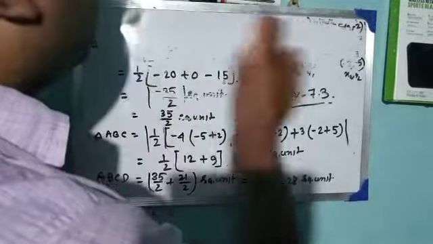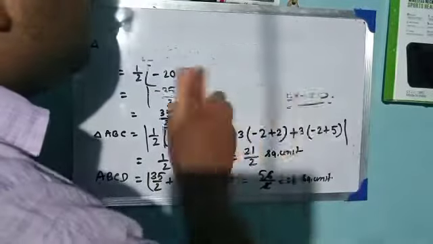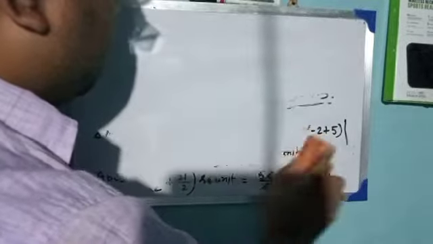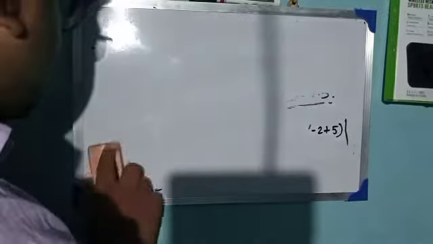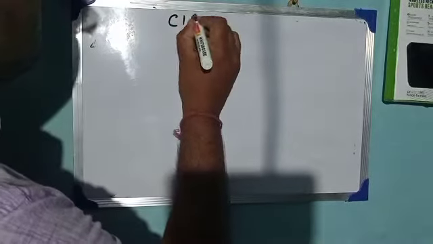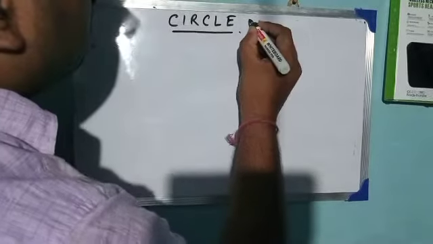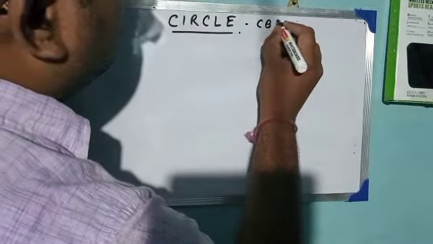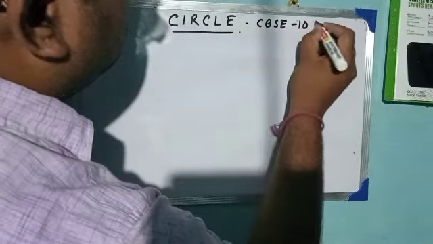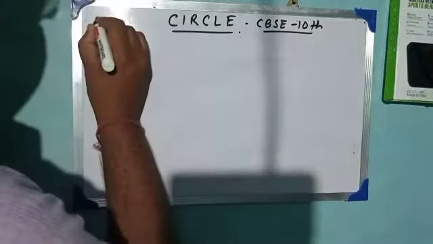So without delaying the time, I am starting the chapter from geometry, class 10 CBSE mathematics. The chapter name is circle. Geometry.